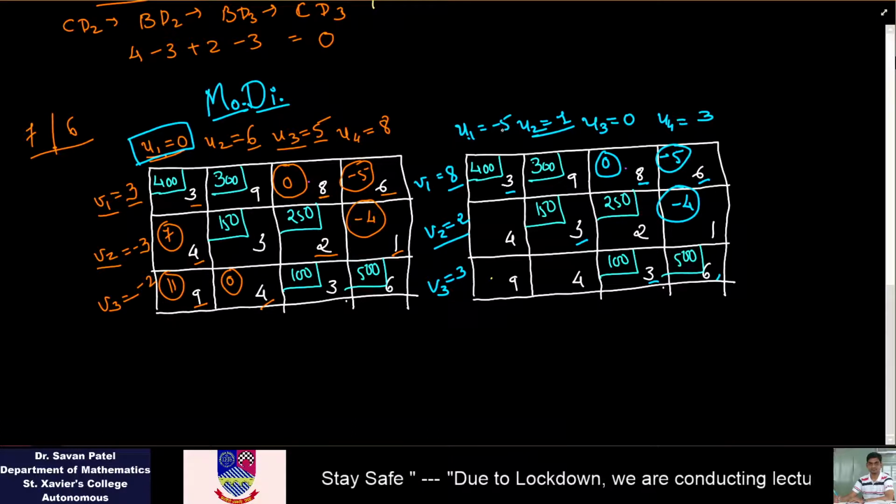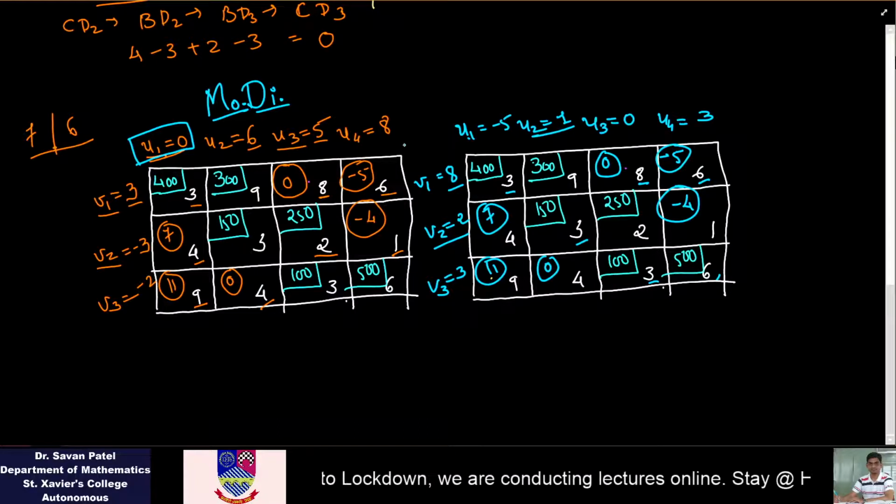Here this term, minus 5 plus 2, it is minus 3. 4 minus minus 3, it is 7. Here it is 9. 3 minus 5 is minus 2. 9 minus minus 2, it is 11. 9, 4, 3 plus 1, 4. 4 minus 4, so it is 0.